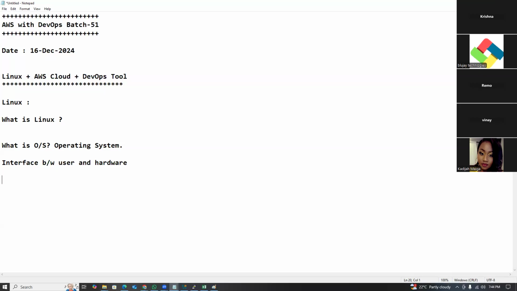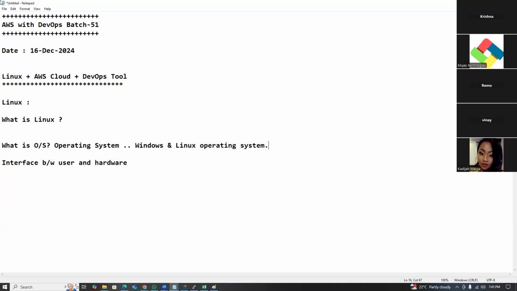What is OS? Operating system, like Windows operating system and another one, Linux operating system. So I'm asking about the meaning, not the abbreviation.